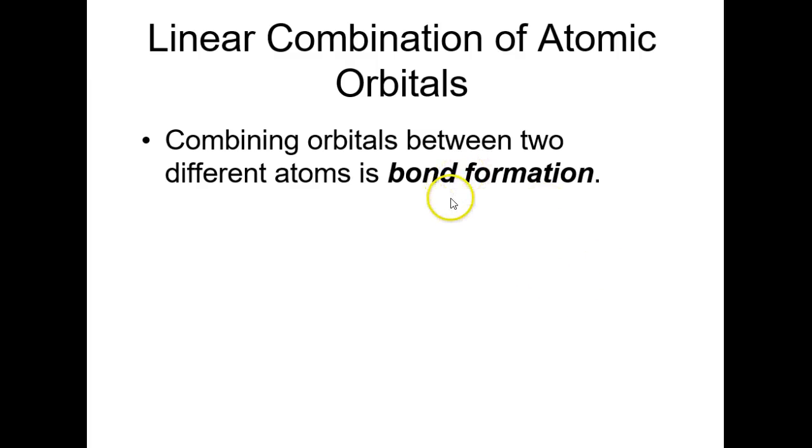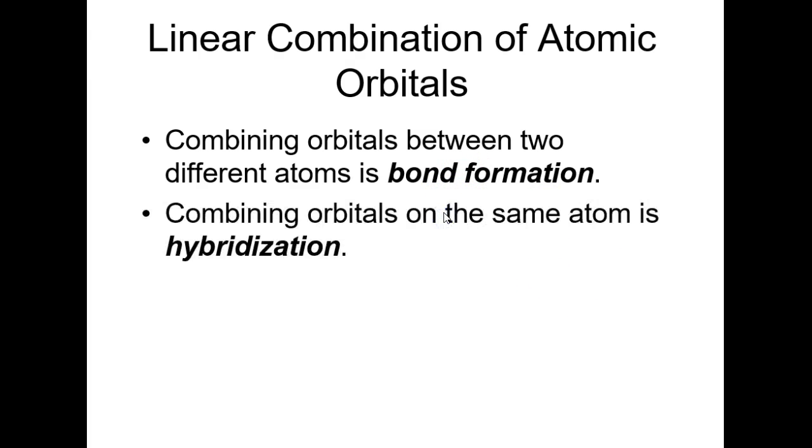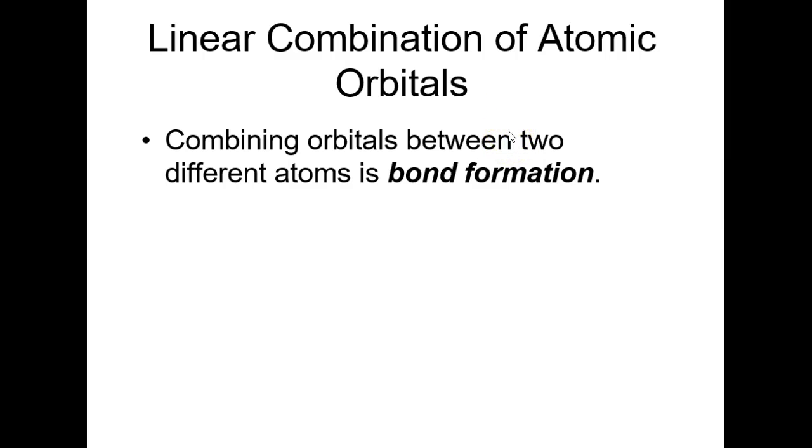If you have an s orbital that's a sphere shape, and another s orbital, and you add them together, you get this overlap. That overlap is what creates a bond. If this is one hydrogen atom and this is another hydrogen atom, you get a bond formation.